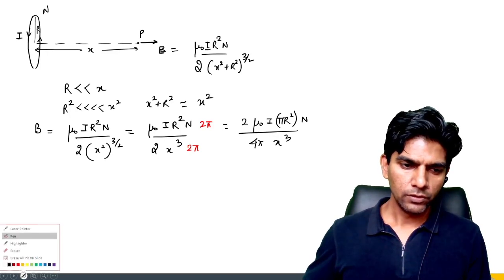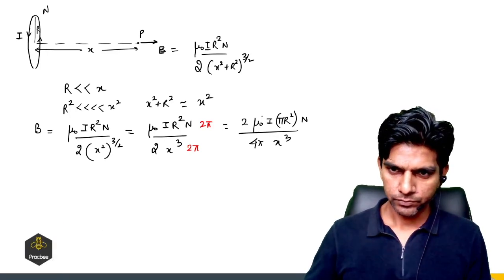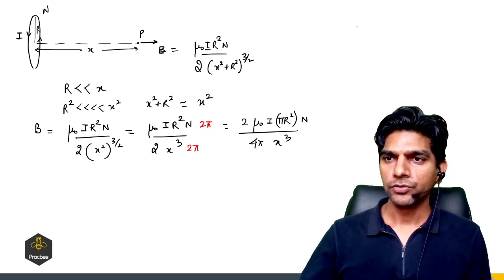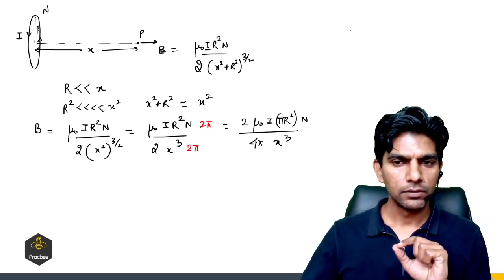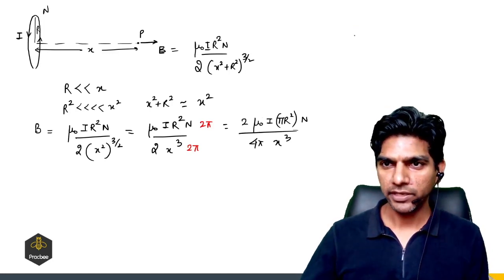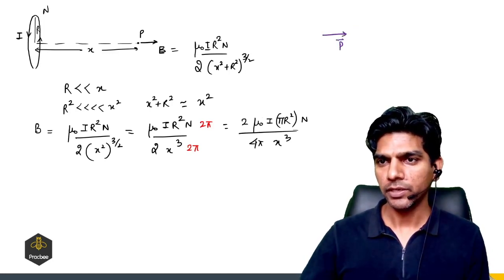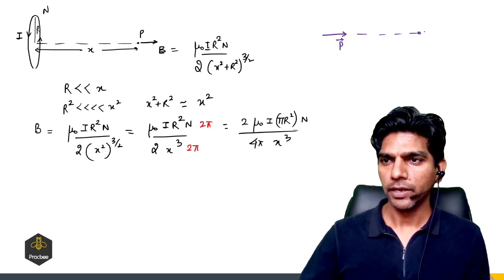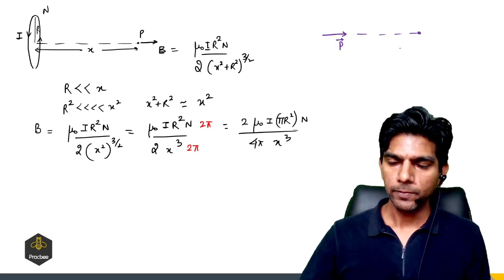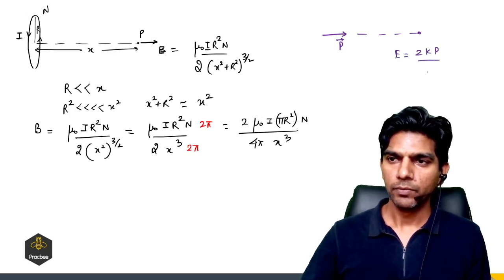Now if you look at this formula, if I show you the electric field by an electric dipole at a point on the axis, if there is an electric dipole P and there is a point and we want to find the field at this particular point. So in case of a short dipole, the electric field was 2 kp by r cube, right?